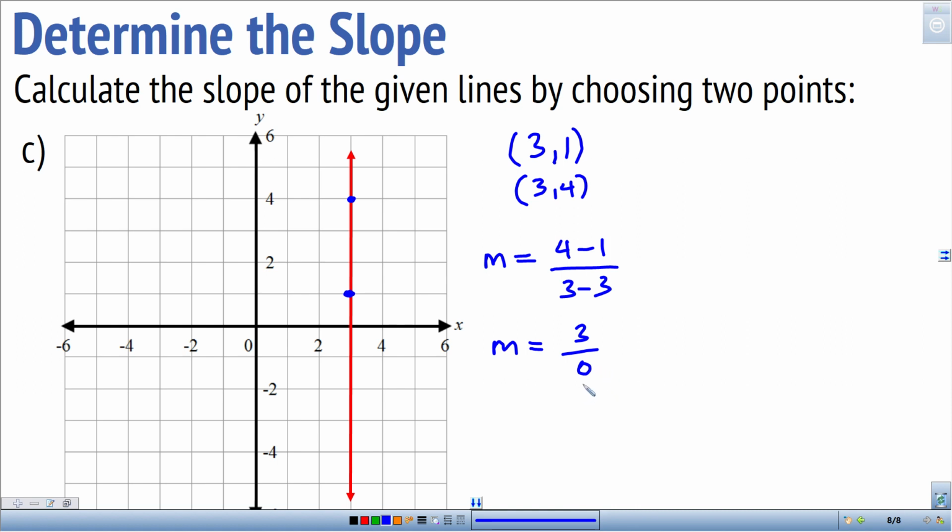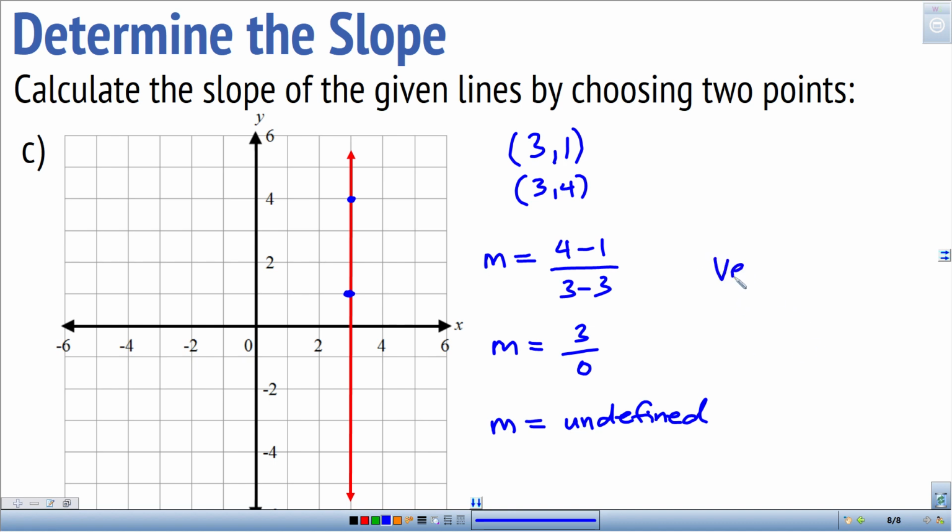It should tell you that there's an error or it's undefined, and you cannot divide any number by 0. Because there's no number to describe that, we say that the slope here is undefined. Basically, this thing is so steep that we don't have a number to describe it.